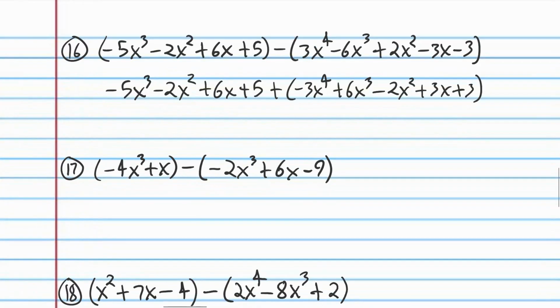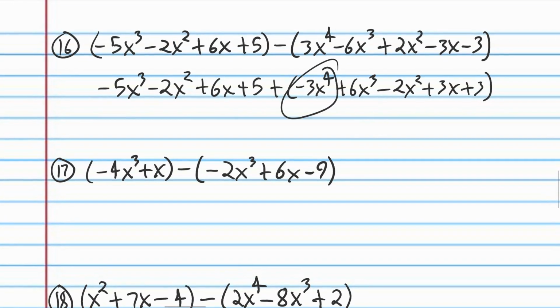Everything looks right. All right, so the biggest power is the fourth power. So we're going to write that first. And then add the cube powers. Looks like that's going to be x cubed. And cross those out.